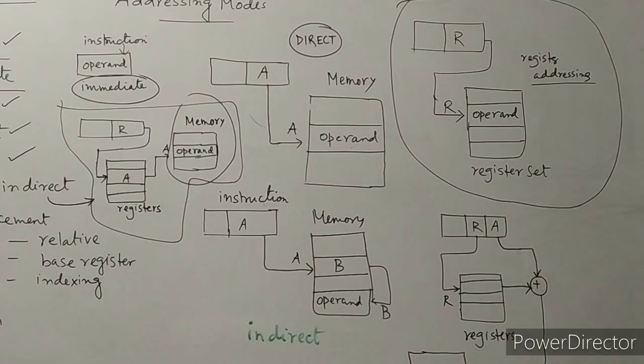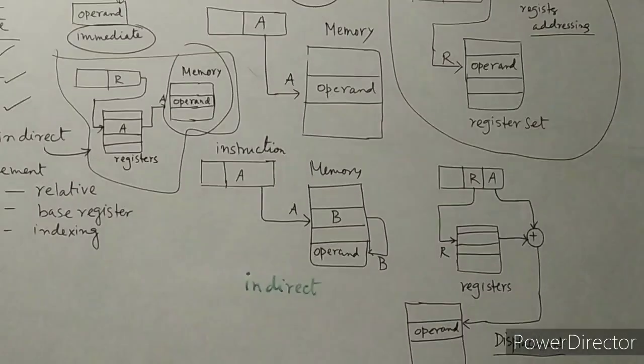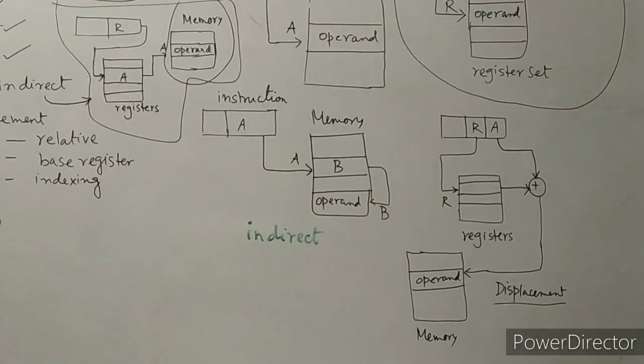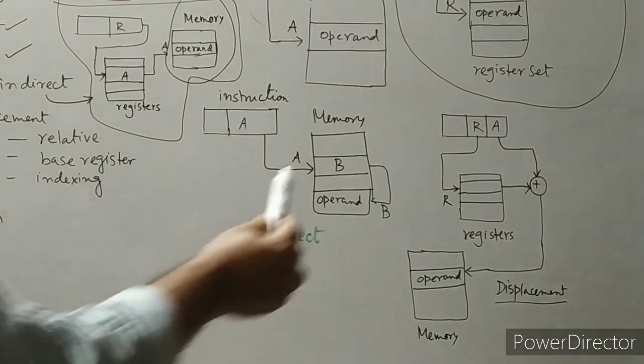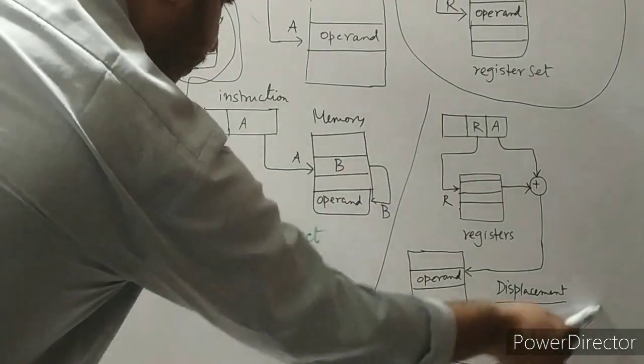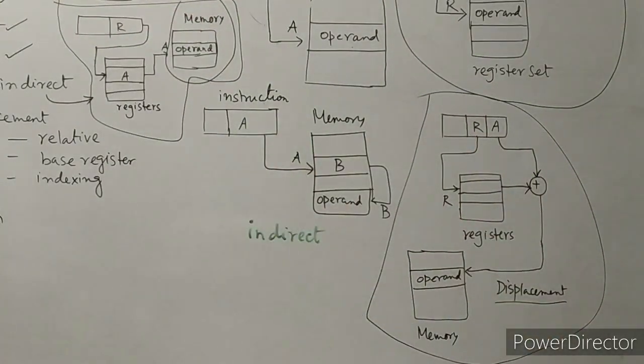Next one is the displacement addressing modes. Here the instruction contains the opcode. It has two other parts.